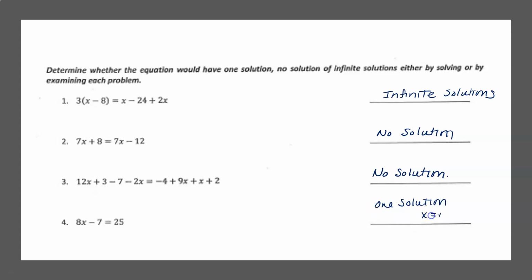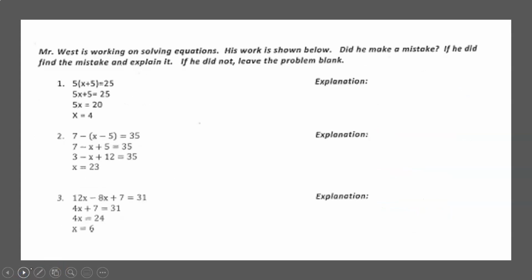X equals 4. Okay, this last piece of this, you're looking for a mistake, if he made a mistake or not. So this first one, he did not distribute to the second term. So this should be 5 times 5 is 25, not 5. So did not distribute correctly.